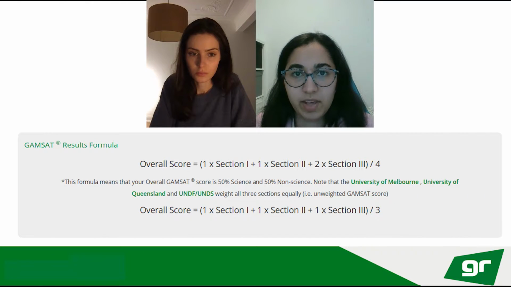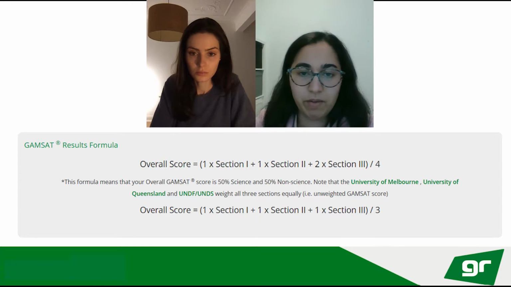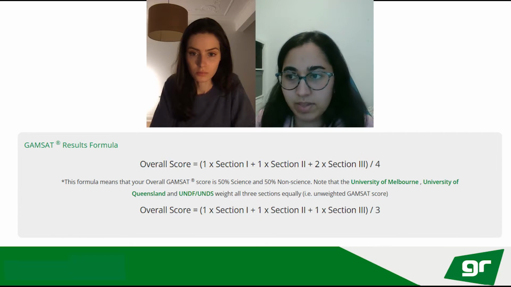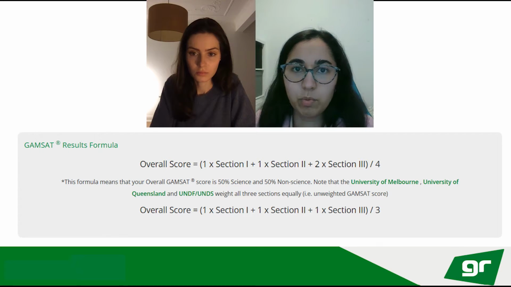So the way that GEMSAS calculates it, and the way that some of the universities calculate it, is they get your section 1 score, your section 2 score, and then 2 times your section 3 score, add that all together, and then divide by 4, and that gives your overall score. So you notice that there's 2 times section 3 score. That means that the sciences section is essentially double weighted compared to the other sections.